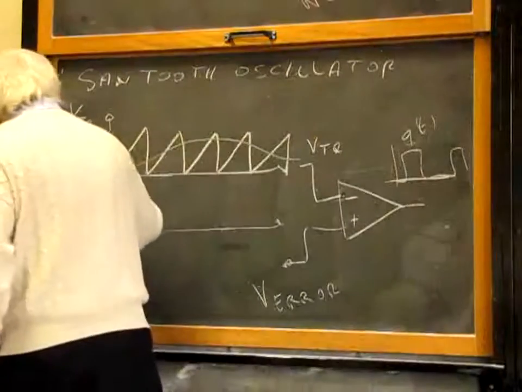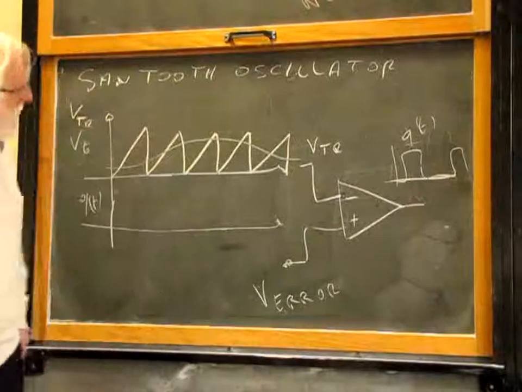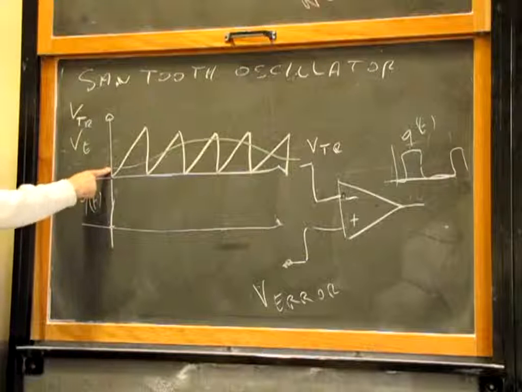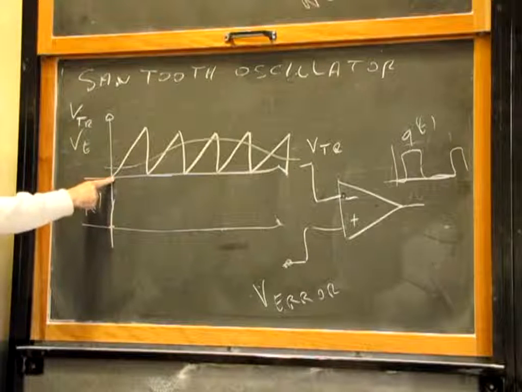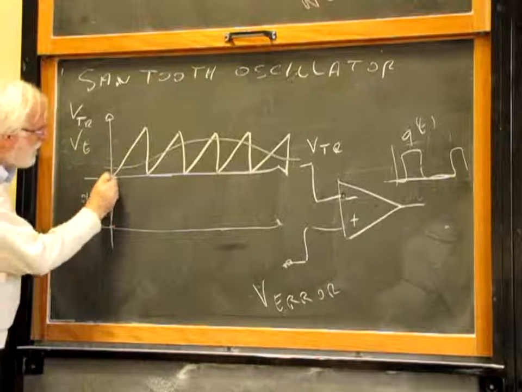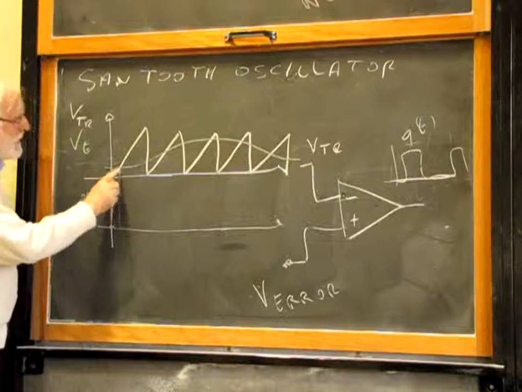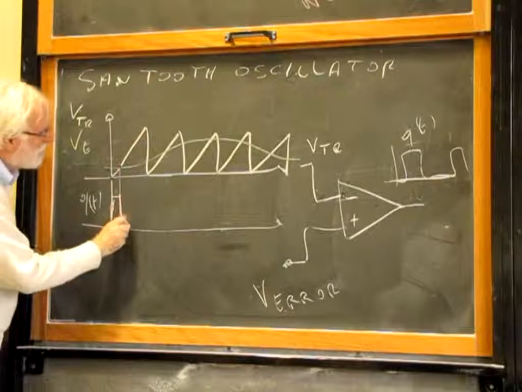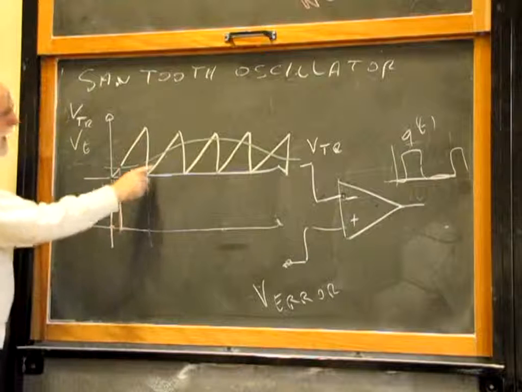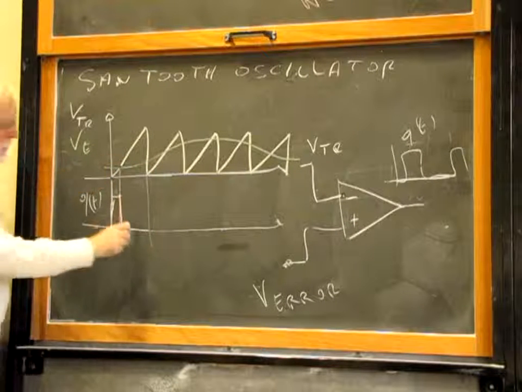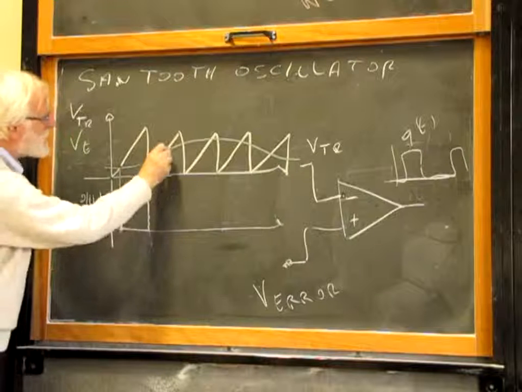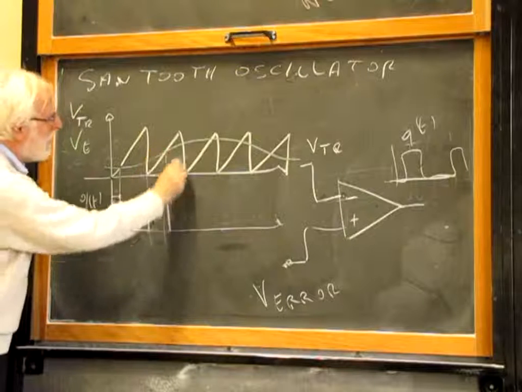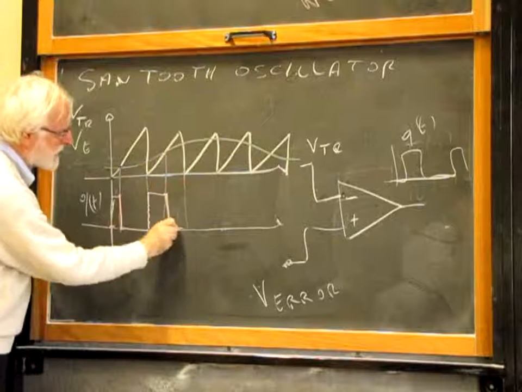This Q signal, the output of the comparator, is basically, let's see, here we start. The input signal, the error signal, is larger than the sawtooth, so the output is high, up to this point only. Then my sawtooth is larger than the input signal, and so my output will be low, up to this point, and then goes high again, and it stays high up to this point. And then comes down, stays down.